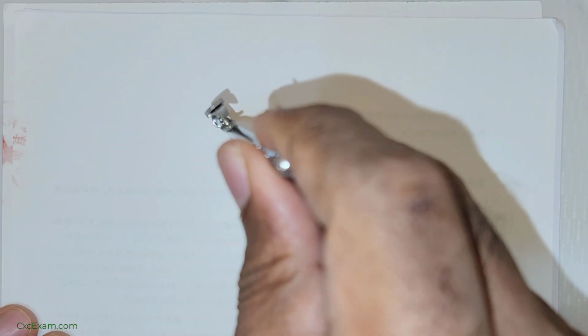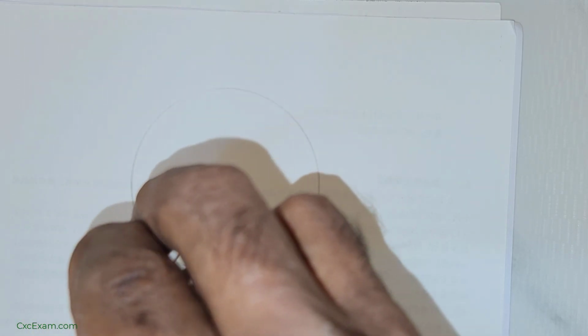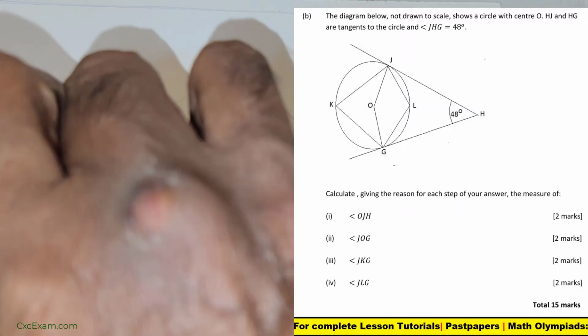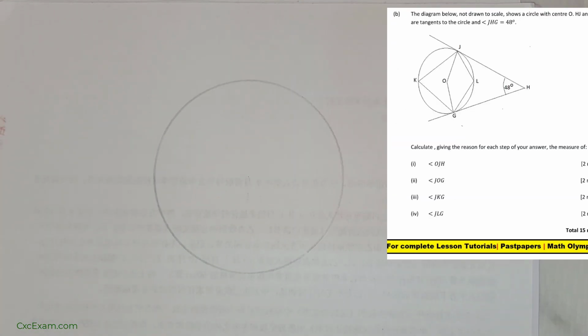For this part of the question we need a figure. So let me draw a circle. Okay, so we have the circle there, and you have to draw the tangents.